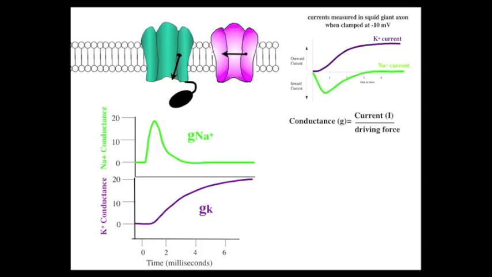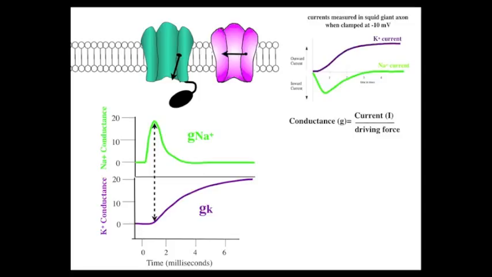Now look at the potassium conductance. The potassium conductance is slower than the sodium conductance. Look at the time course of the opening of the sodium and potassium conductances. The peak of the sodium conductance occurs when the potassium conductance has barely even started to open.